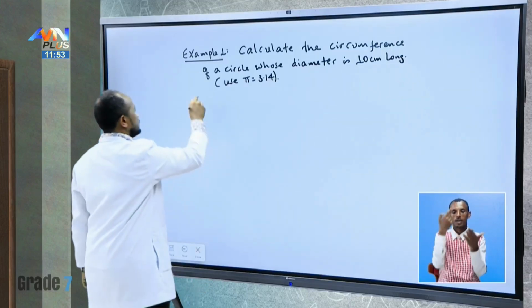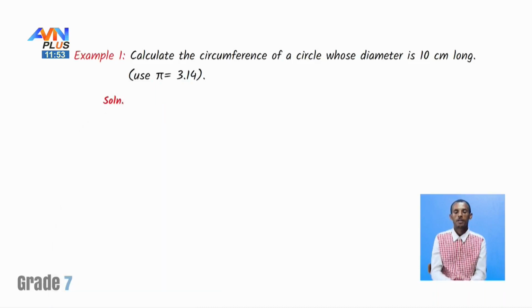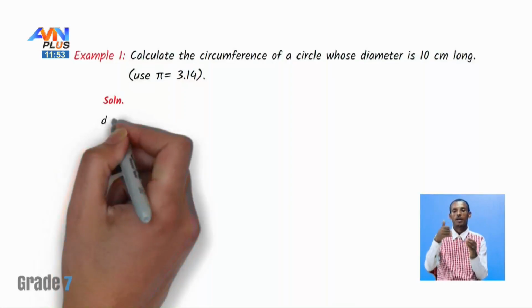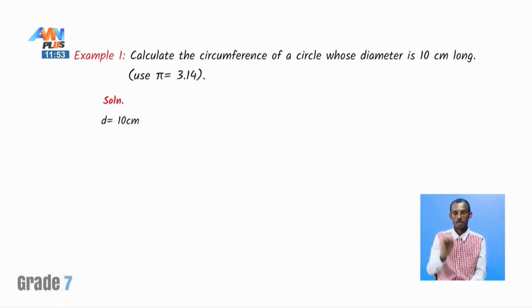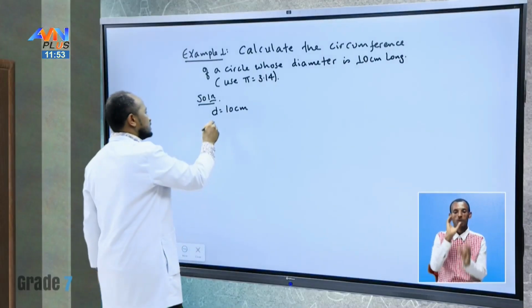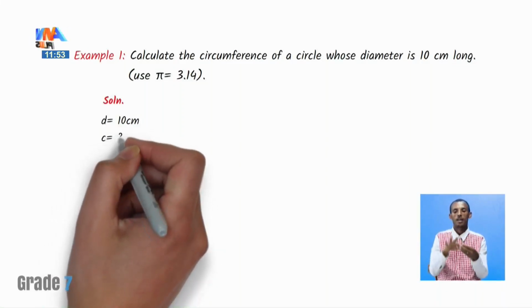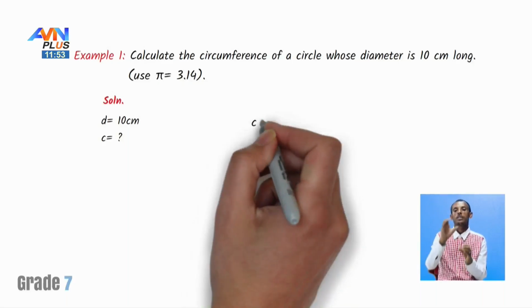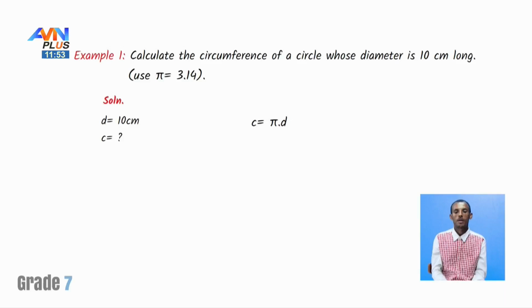Solution. The diameter of the circle is given. The diameter is 10 centimeter. We are asked to calculate the circumference of the circle. So how do we calculate the circumference? As we derived the formula earlier, circumference is equal to simply the product of pi and diameter.